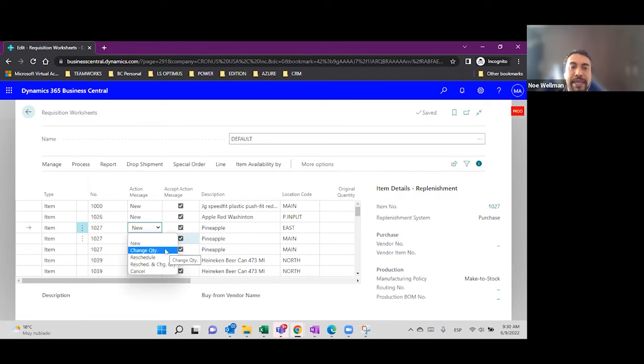This could be rearranged by your system by changing the quantity of the purchase order, or even rescheduling for another time than the same purchase, because somebody is purchasing on the fly, and that could happen. The idea is that the requisition worksheet is the center of all the information.